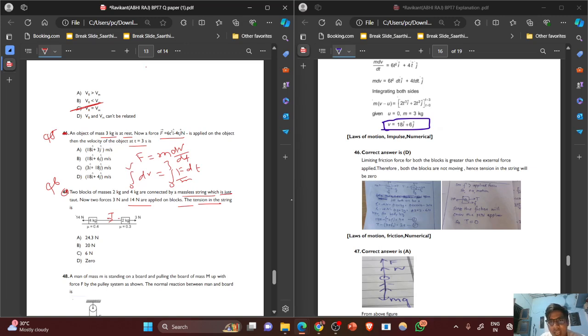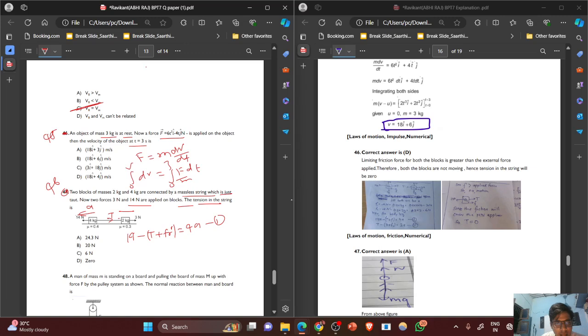Now you need to understand that you first consider, let's suppose, 40 Newton is acting and acceleration is in this direction. Write the equation of motion. So you have 40 minus T plus friction 1 equals 4a. This is your first equation.